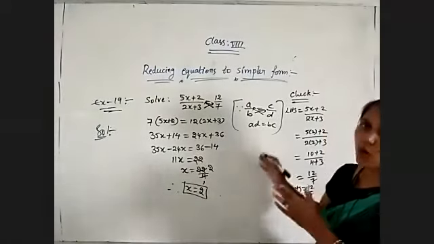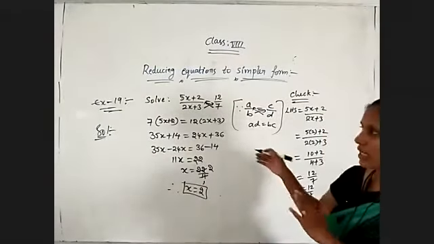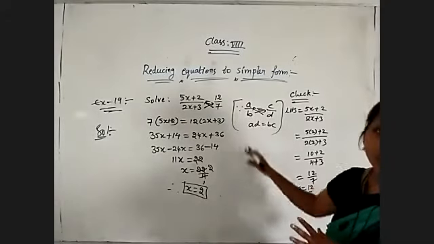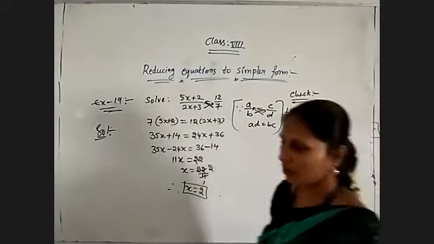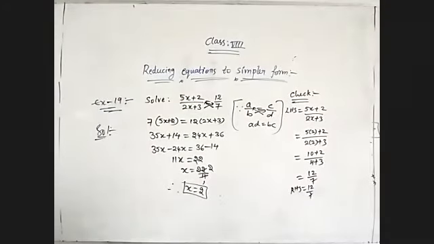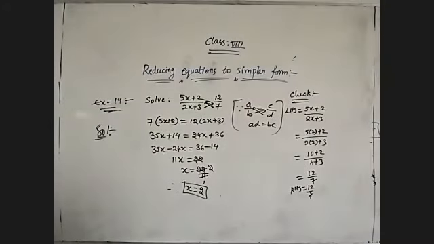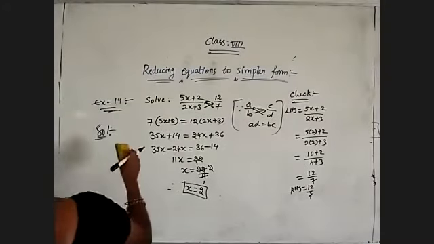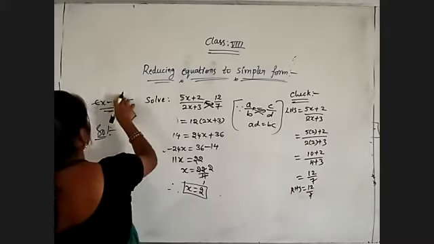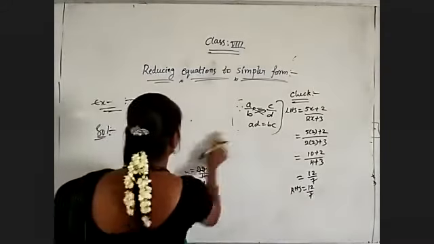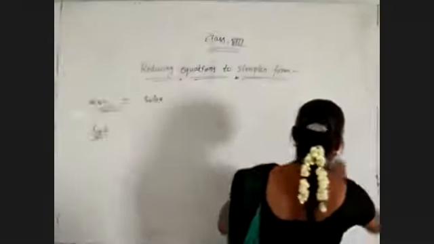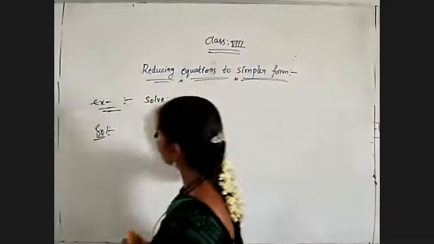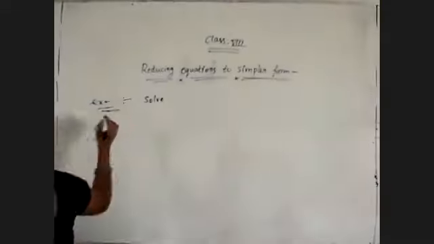If you are getting more fractional numbers, then every time first go through with the cross multiplication and simplify the terms. That's all. Now example 20.